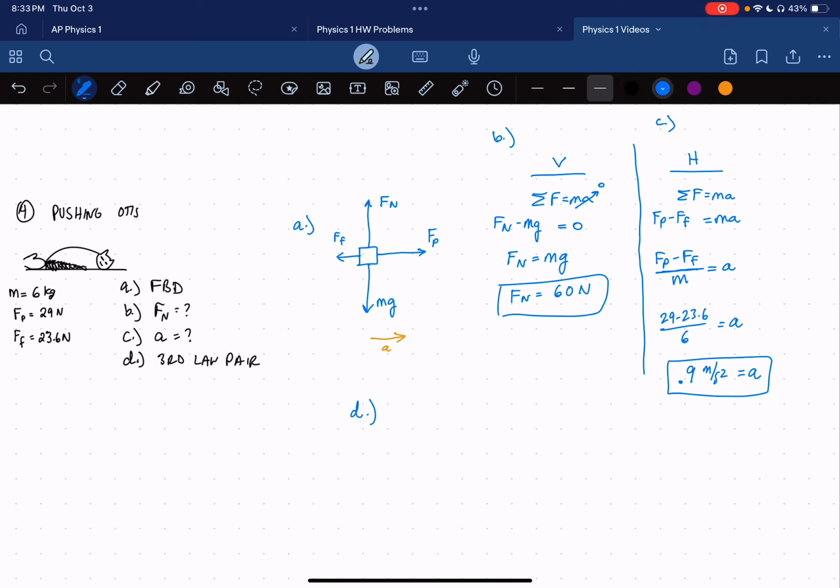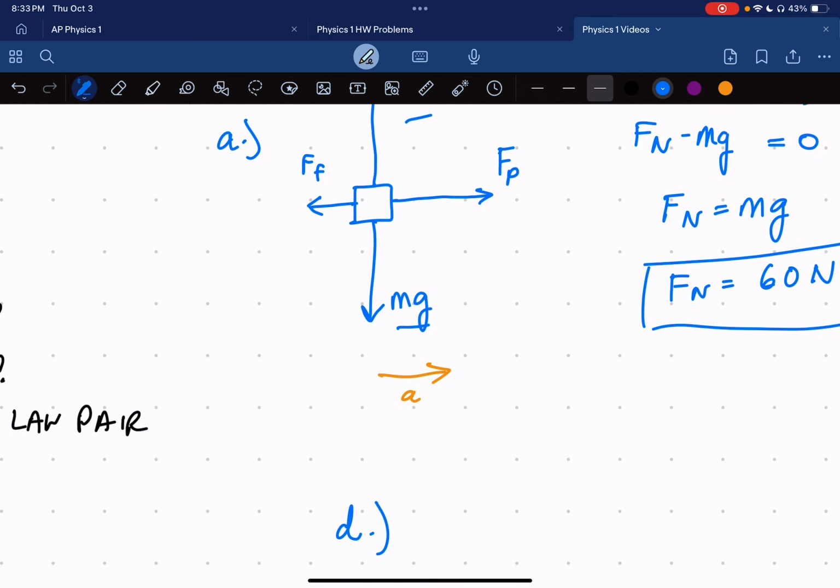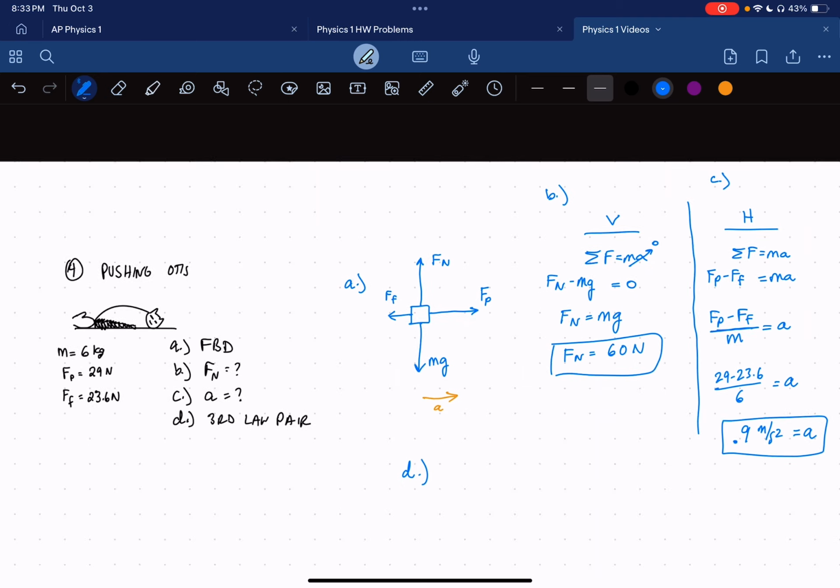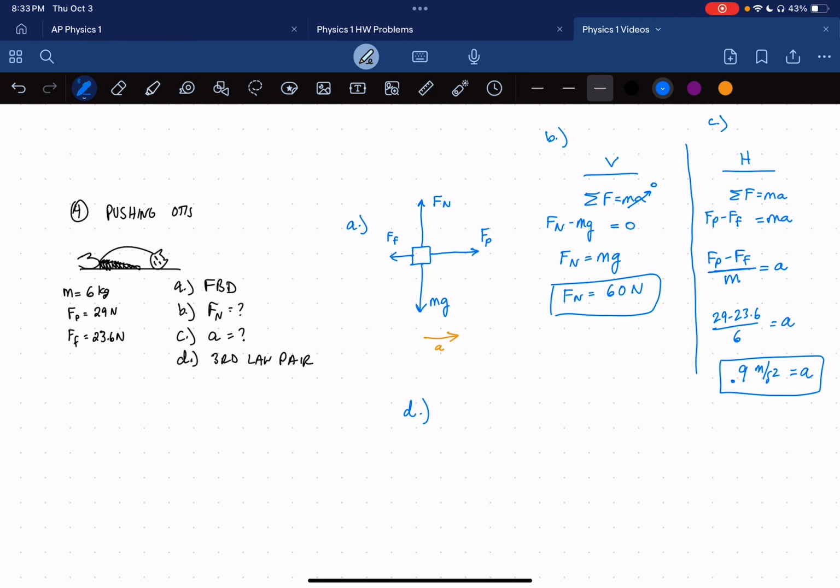So last one is D. Now look at the free body diagram again. Fn and mg are the same magnitude. Fn is 60, mg is 60. But again, those are not third law pairs. That's not two objects pushing on each other. The free body diagram is just Otis. So that won't work. We need two objects. And there's many of them here that you can say.